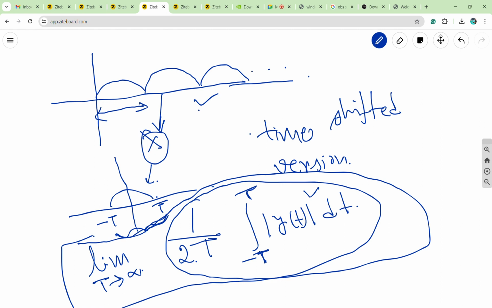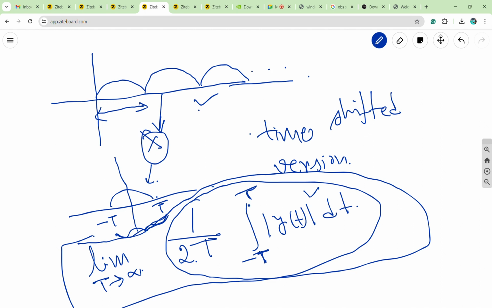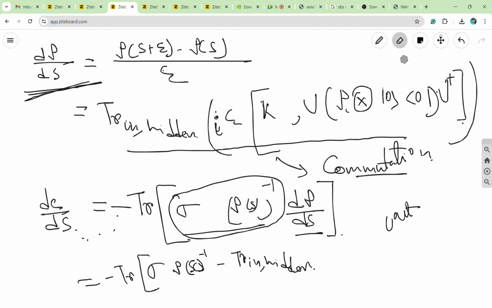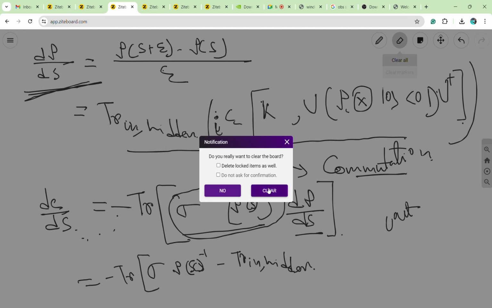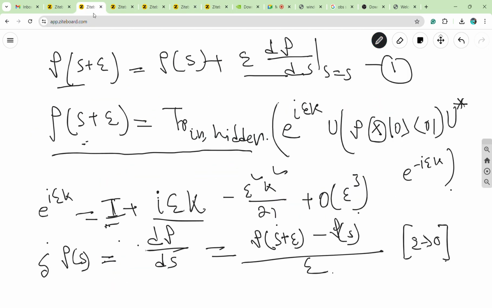So the question here was, the power of an energy signal is 0. Suppose we have an energy signal. This is only one instance, not multiple, because it is an energy signal. The question has already said that the signal is an energy signal.